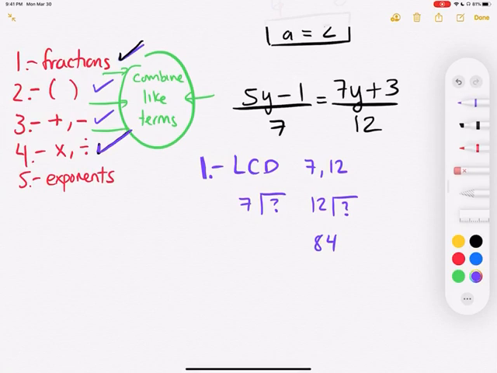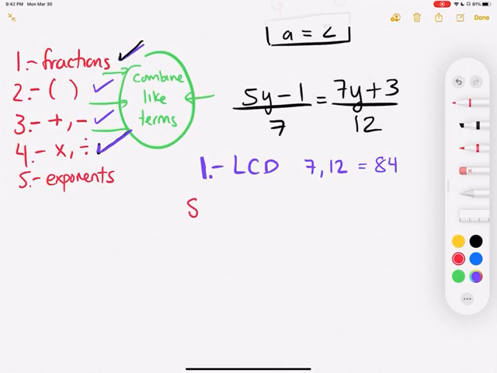Okay, so we have to find the least common denominator first, which is going to be 84 in this case. I'm going to show you how to calculate least common denominators in another video. Okay, so 84. The next thing that you're going to do with this number is multiply both sides of the equation times the least common denominator.